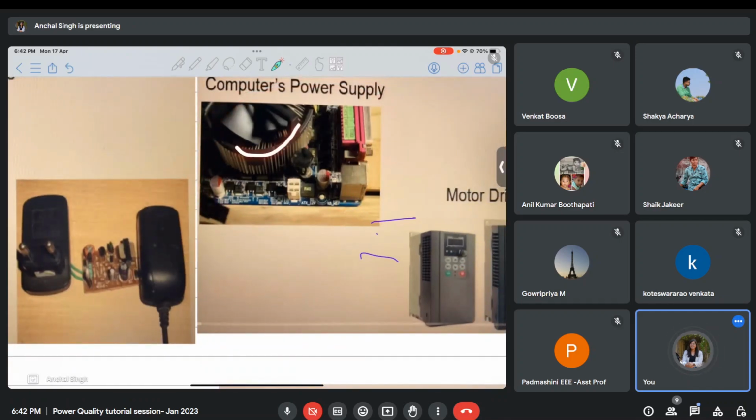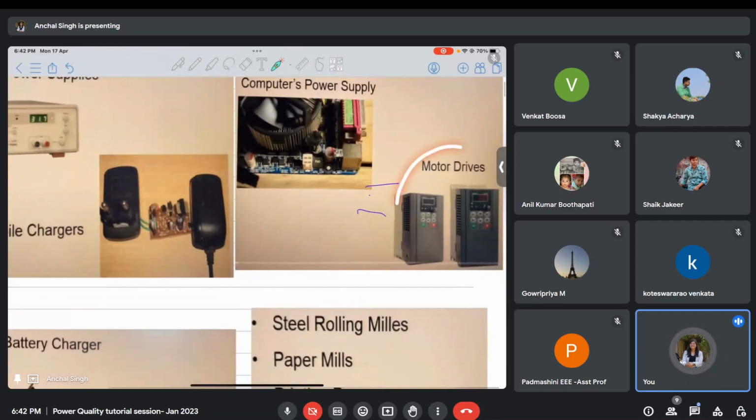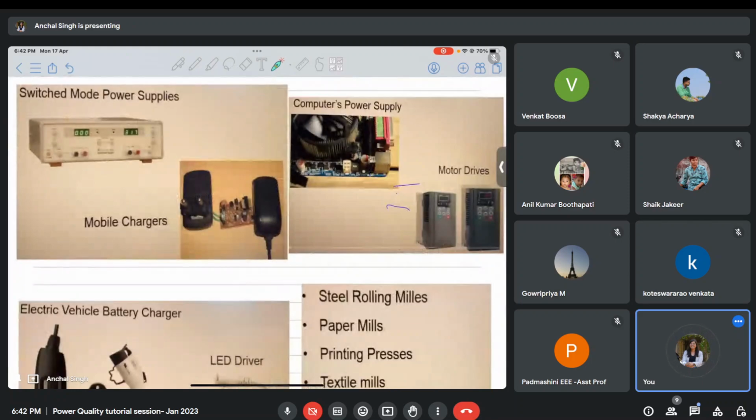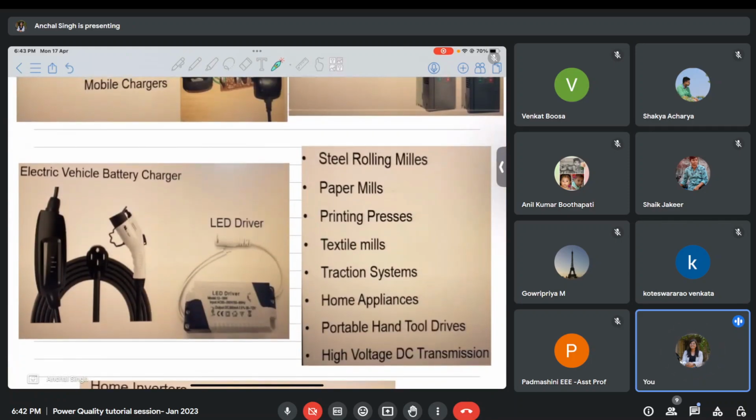This is an inductor. If you have seen motor drives in your company or some other place, these are drives. If you open the door, you will see a lot of PCBs inside this enclosure. They all contain AC to DC converters. LED drivers contain these converters.